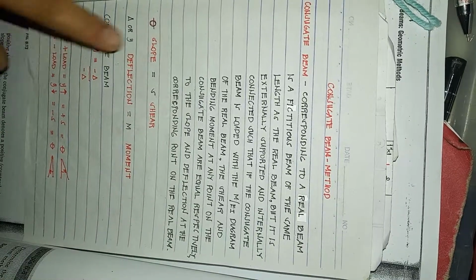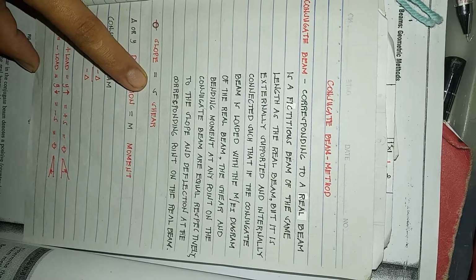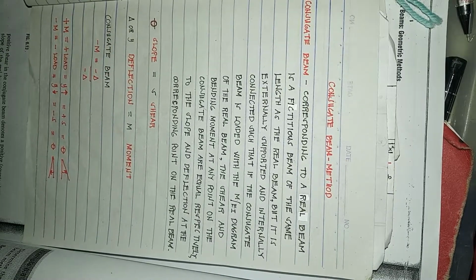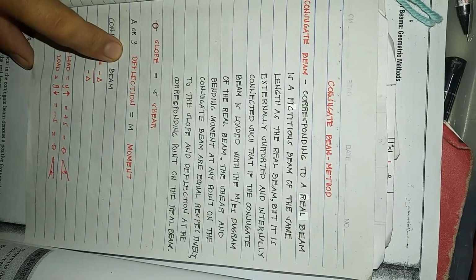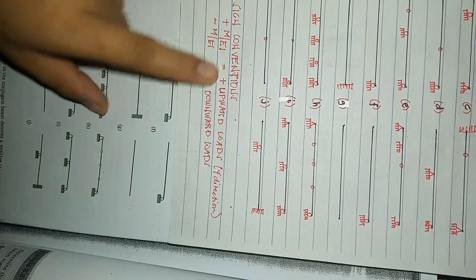So remember that theta is the slope and it is equal to the shear or the area. The delta, or y, or deflection, is equal to the moment. So these are the sign conventions.